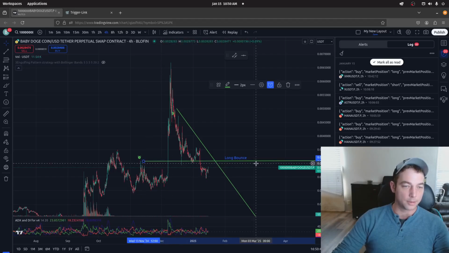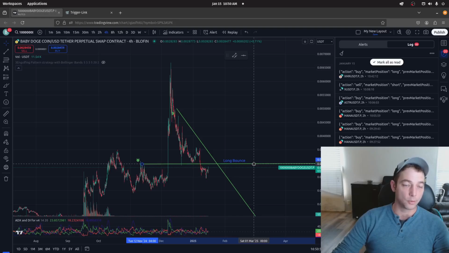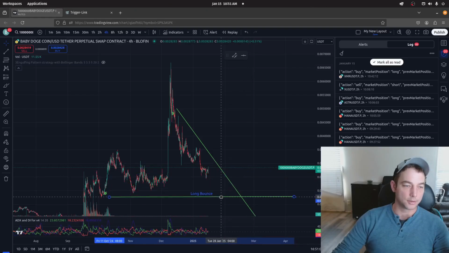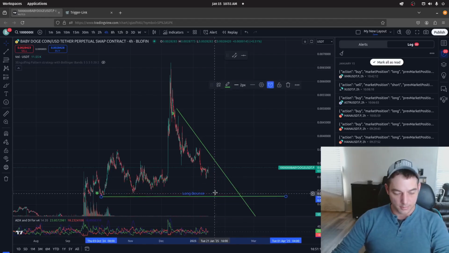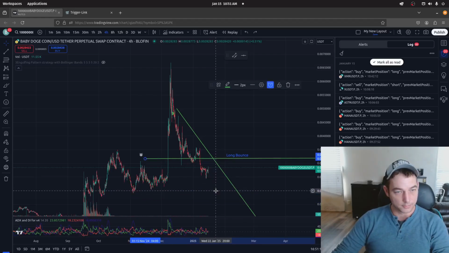The long bounce will forego the filtering process. So if the volume isn't high enough, or whatever, it won't stop the trade from happening. If this line crosses, an order will open regardless. So you've got to be careful with these. It can be really effective to have them sometimes, but I'm going to leave it the way it is as far as that line goes.